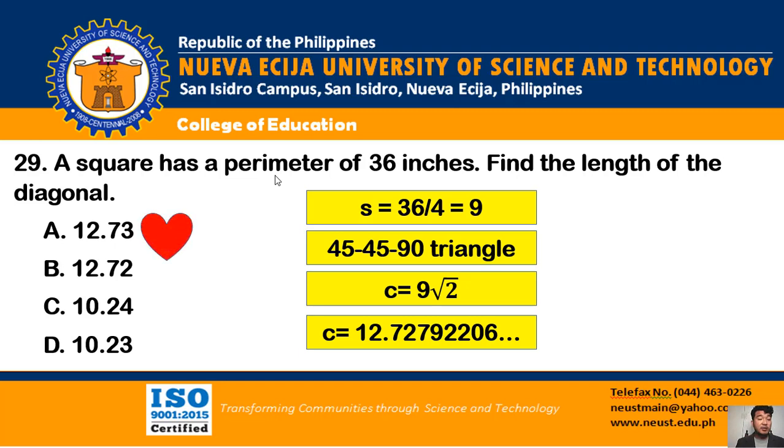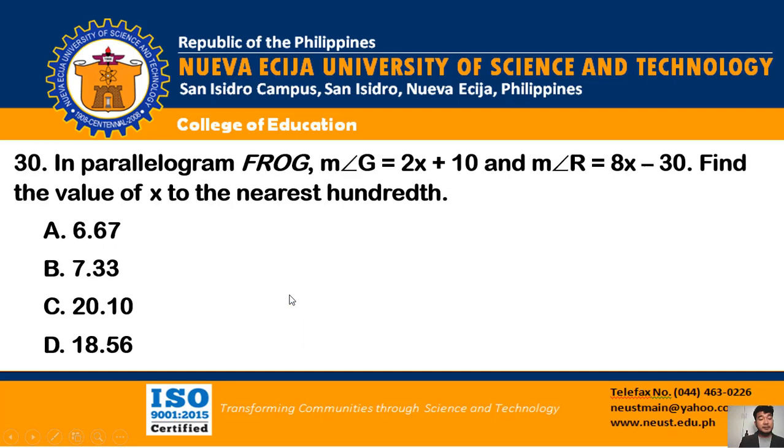And that is equal to letter A, 12.73. Take note of the rounding off. So this is the correct one, 12.73, because next to 2 is 7, so we have to round it up.